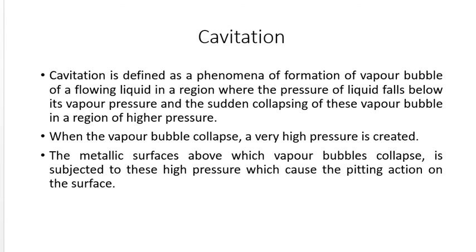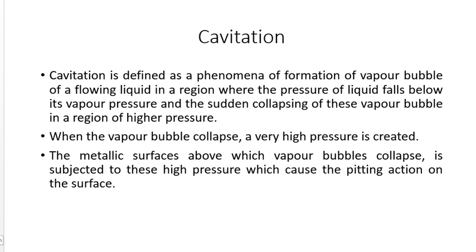Due to sudden collapsing of the bubbles on the metallic surface, high pressure is produced and it generates high local stress on the surface, and that's why the surface of the hydraulic system gets damaged. This is the major problem of the hydraulic system.